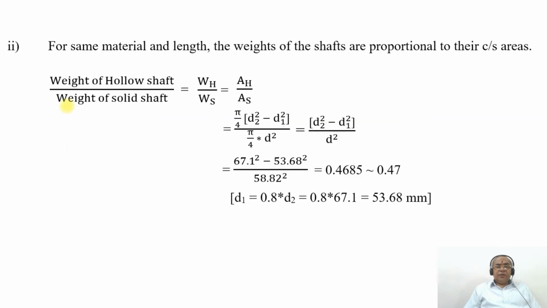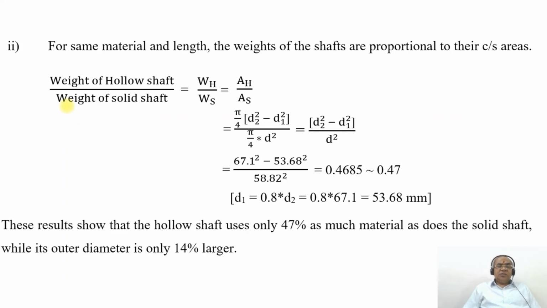Here, D1 will be equal to 0.8 into D2, which is 0.8 into 67.1, equal to 53.68 mm. So these results show that the hollow shaft uses only 47% as much material as the solid shaft, while its outer diameter is only 14% bigger. So this is how you will be able to analyze and solve this particular problem.